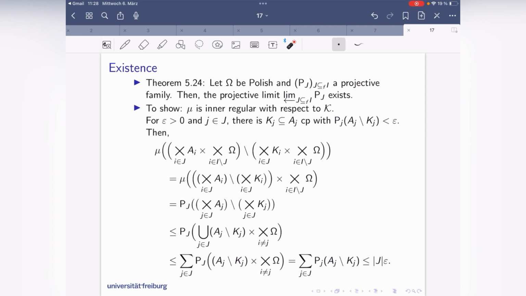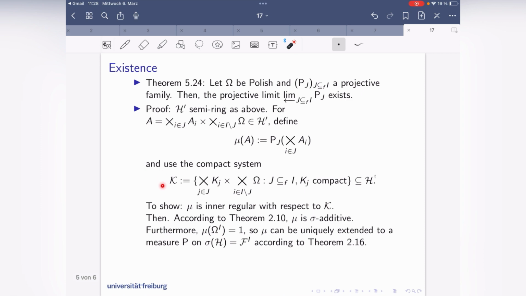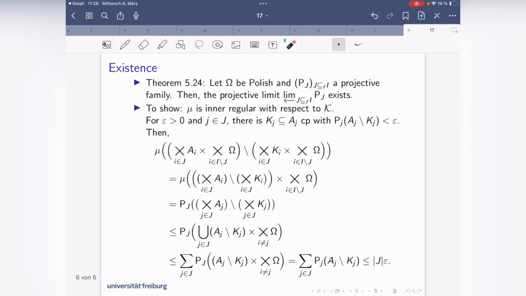And that's already pretty close. We have something small epsilon, and you want something also smaller than factor times epsilon. But we can just pick them and use them in order to construct this set here, which is in this compact system K, apparently. And we can measure mu of the set A minus the set K. Well, and on such a product, there's all these non-interesting coordinates.